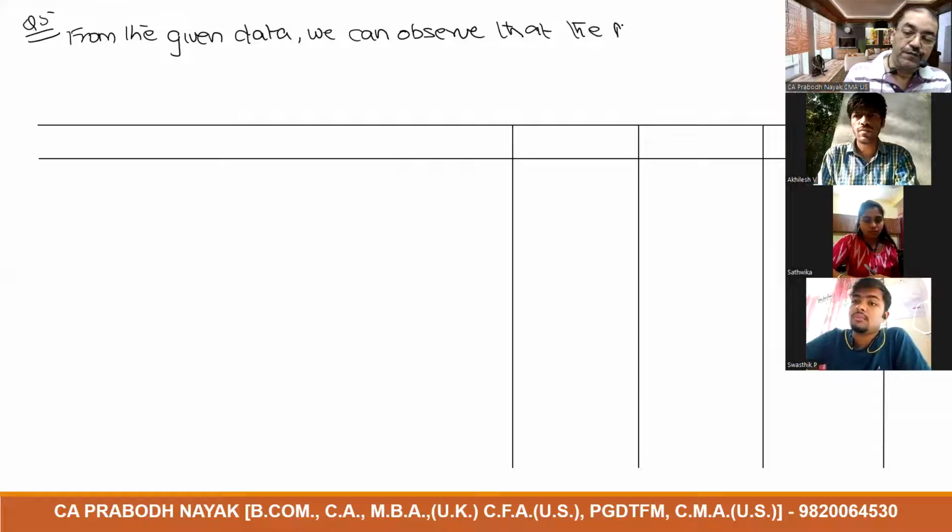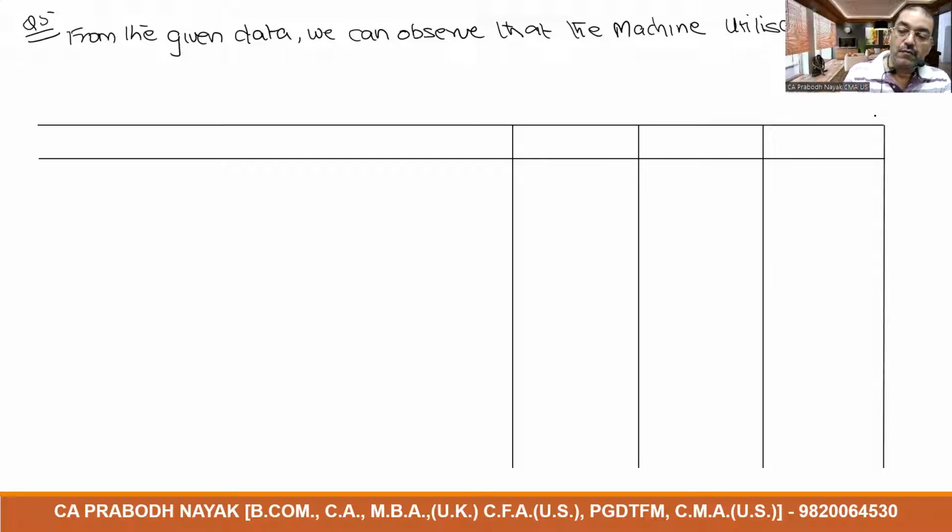the machine utilization is maximum for machine 2. Hence, machine 2 is the bottleneck activity.